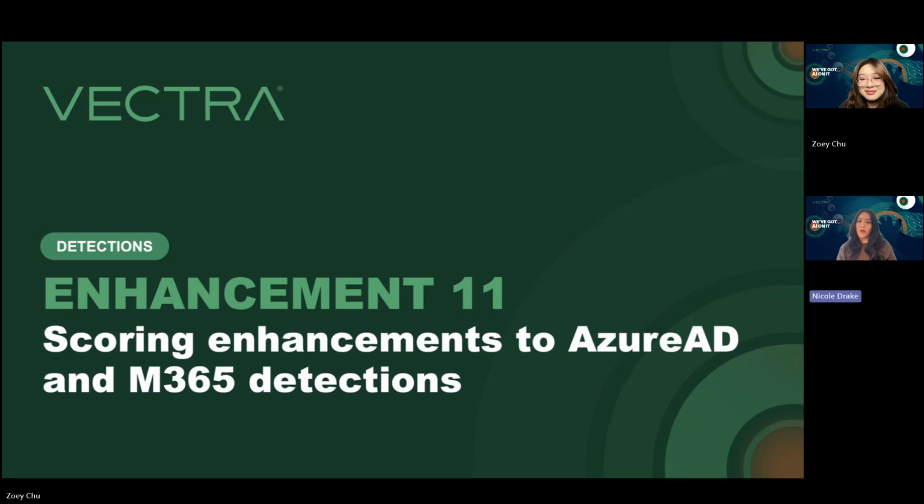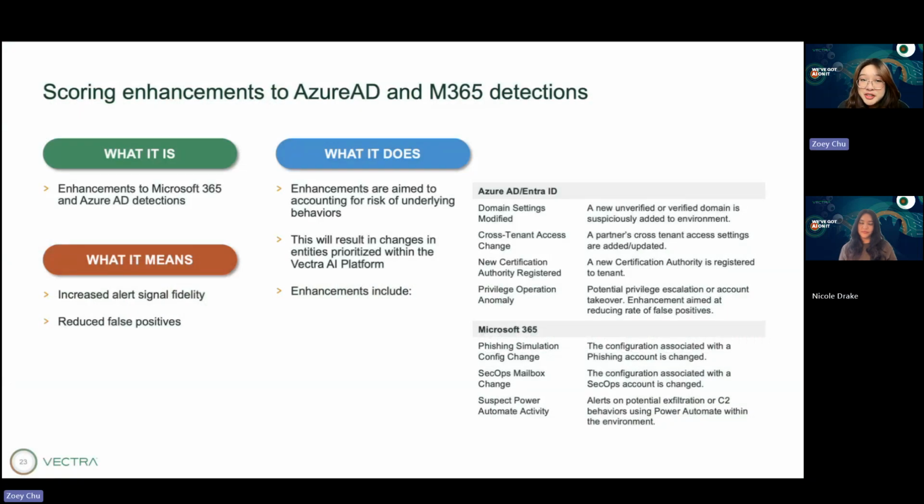And can you speak to our scoring enhancements to AzureAD and M365? We have a slew of scoring enhancements, all listed out there. All these enhancements are aimed at accounting for risks of underlying behaviors. Once again, more activity. This is going to result in changes within the entities prioritized with the Vectra AI platform.